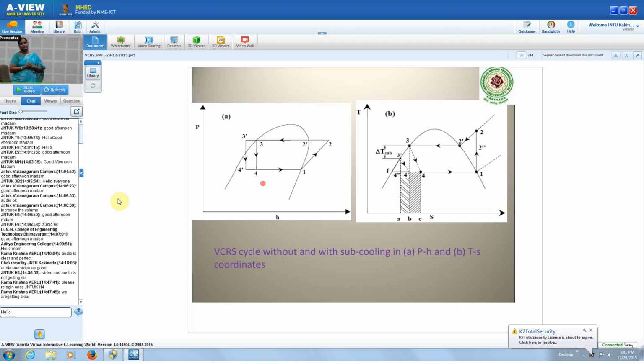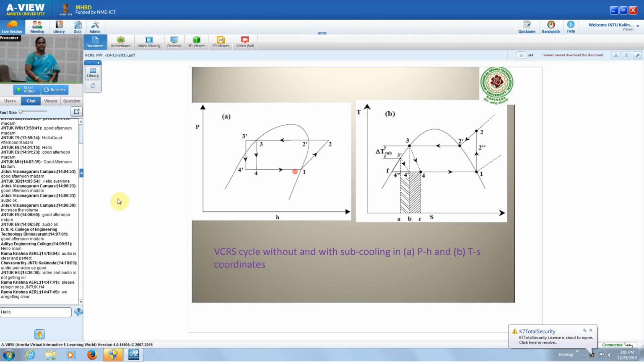With subcooling, the modified cycle is 1, 2, 3, 3 dash, 4 dash, 1. So it is 1, 2, 3, again subcooled to 3 dash, then 4 dash to 1. That is the modified cycle representing the subcooling of the refrigerant.